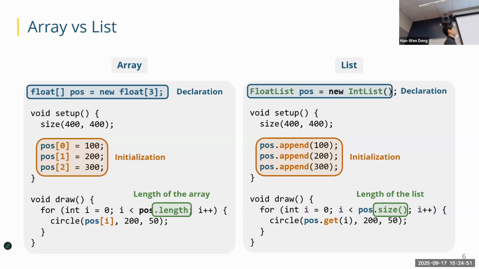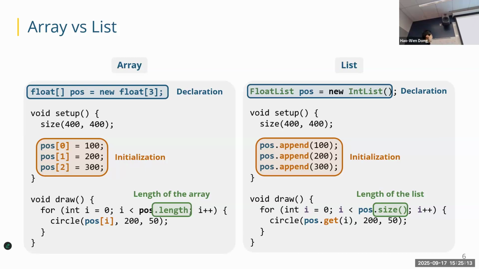Say once you have 100, 200, 300, you want to change one of the things into 400. Then what you would do is call set, and you want the second one to become 400. So this is the syntax that we use.